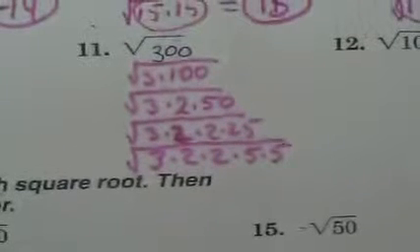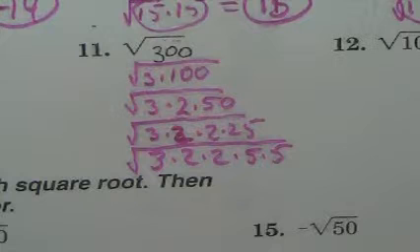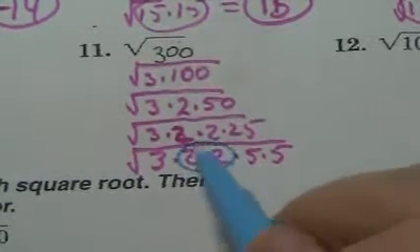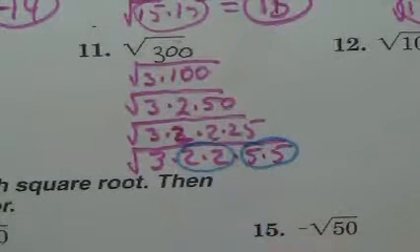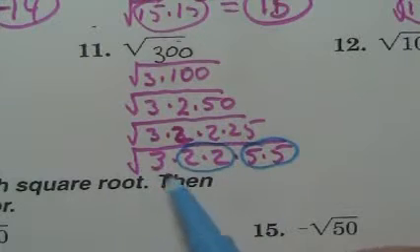Okay, so now we need to take out some pairs. What do we have here? Looks like I have a pair of 2s and a pair of 5s. So they can both jump out. What will I have left inside? A square root 3.